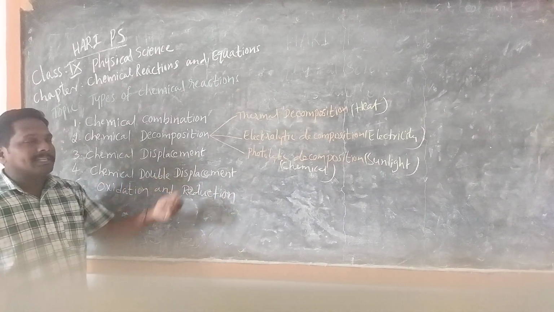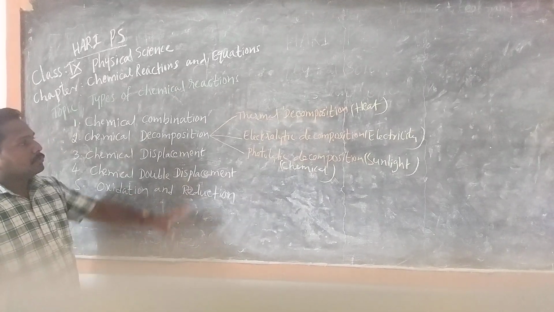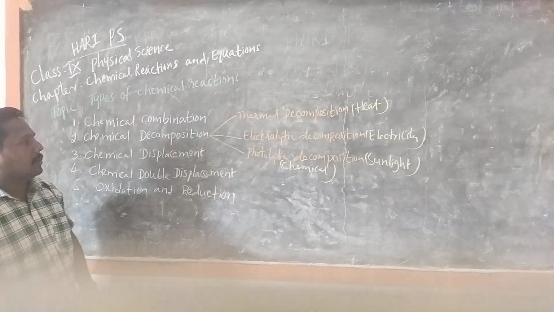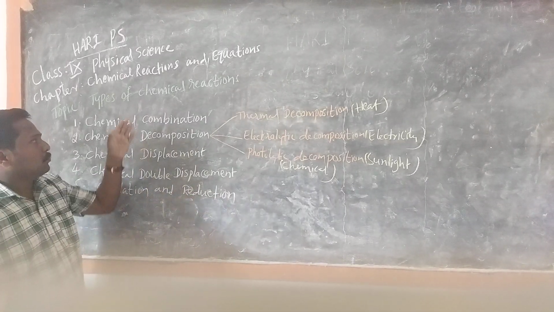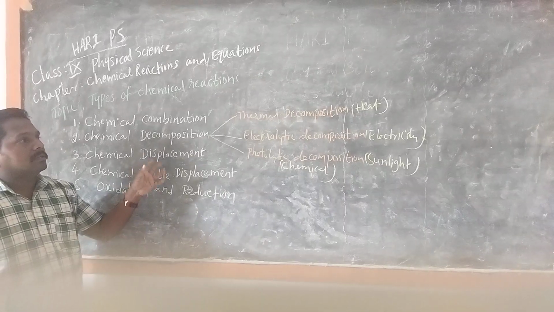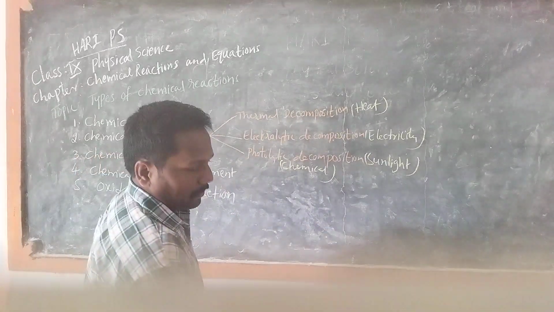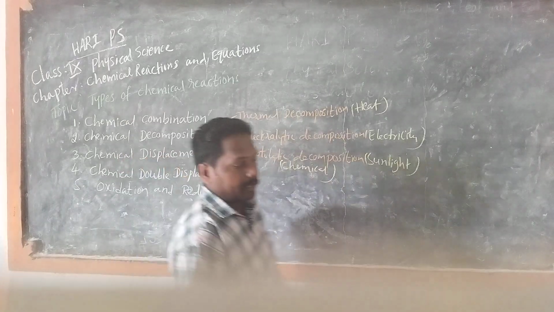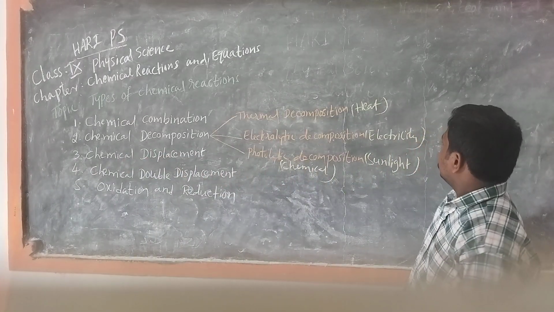Then chemical double displacement, then oxidation and reduction. These are the 5 types of chemical reactions. Let us discuss them one by one with examples. The first chemical reaction is chemical combination.